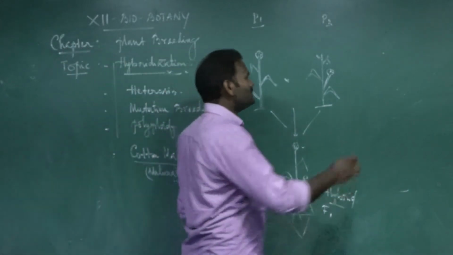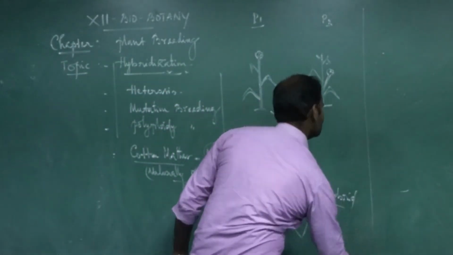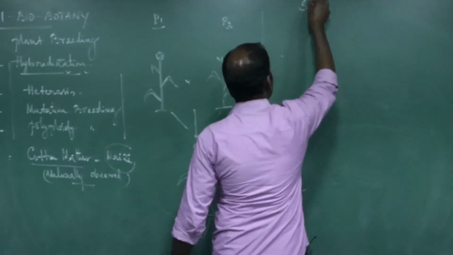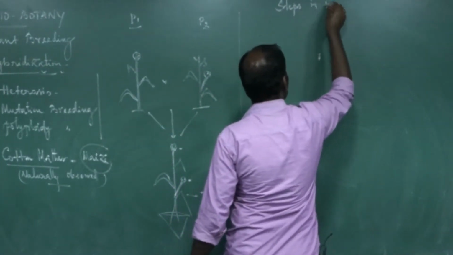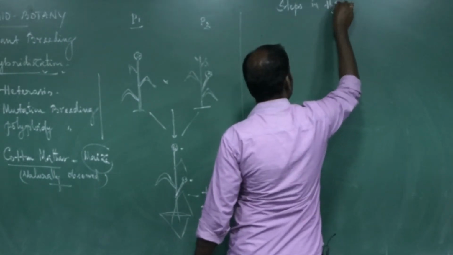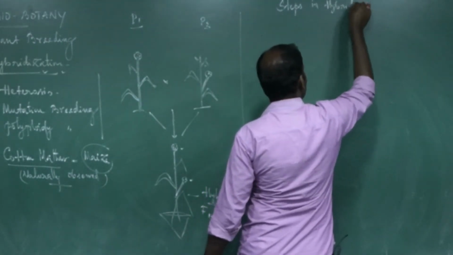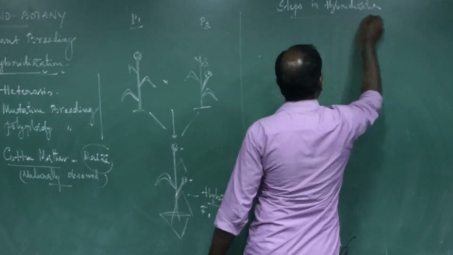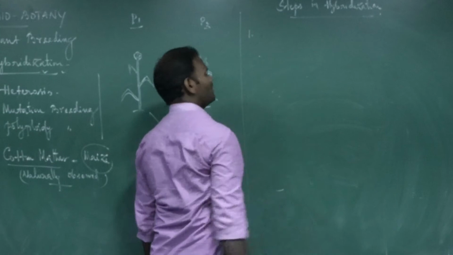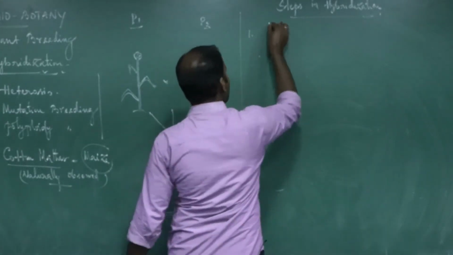Now, what are the steps involved in hybridization? First step, selection of parent crop.